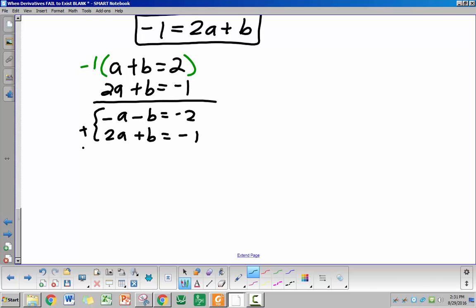Then we can add them, and the b's go away, and we're left with a equals negative 3. And so b has to be, a plus b has to equal 2, so b has to be 5.